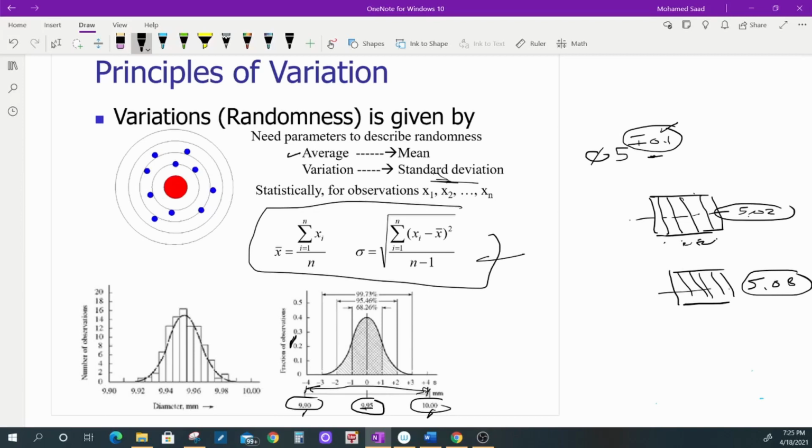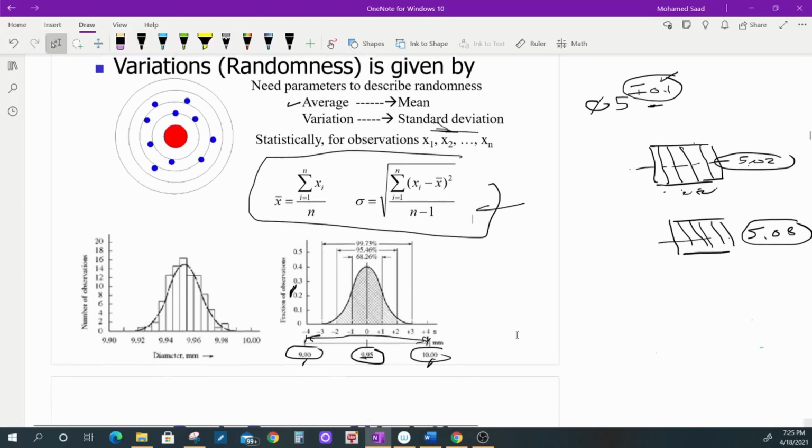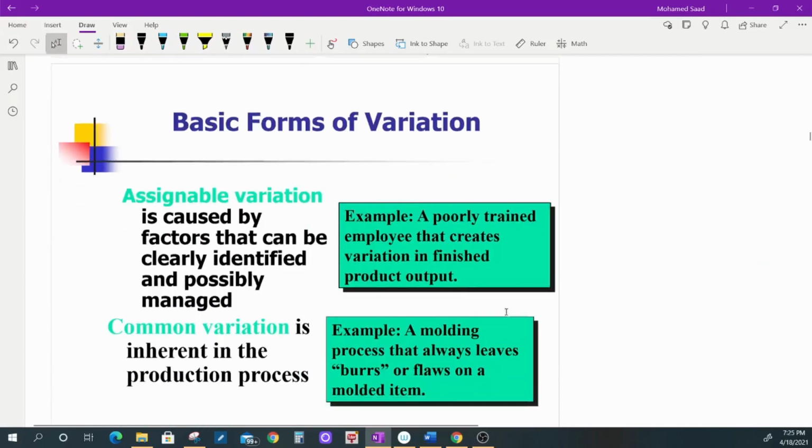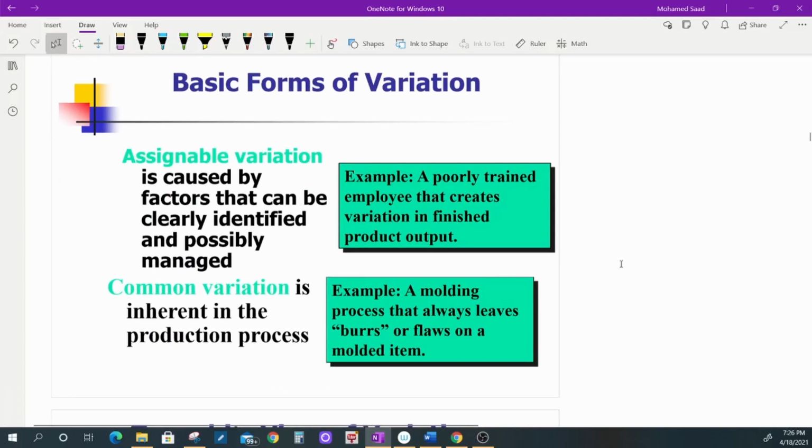We'll explain them more later in examples, but the variation concept, or the variation principle, is very important to understand from the beginning, because you will find this in all quality control problems. So the basic forms of variation are assignable and common. Assignable means it's caused by a factor that can be identified and possibly managed, for example, a poorly trained employee who creates a variation in the finished product output.